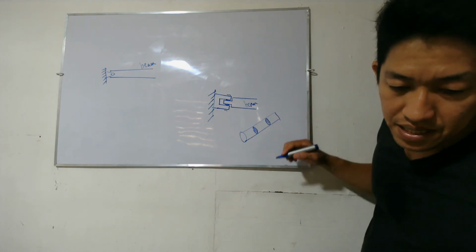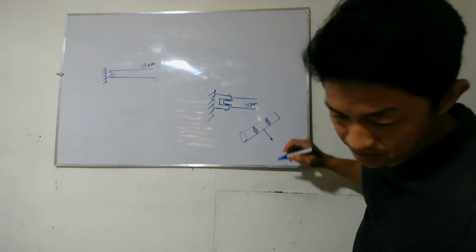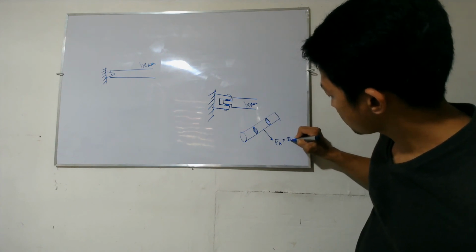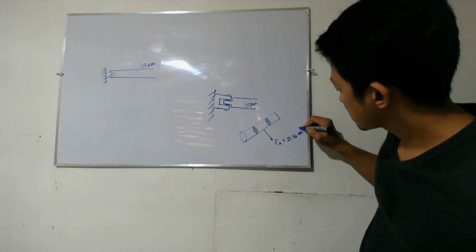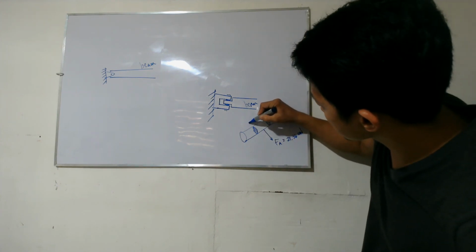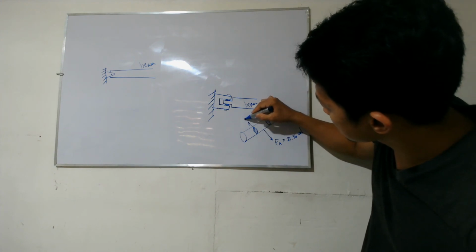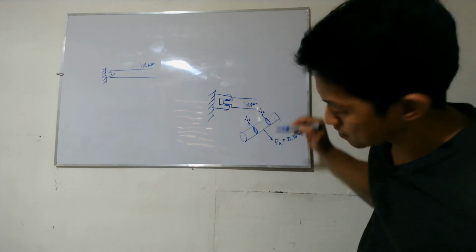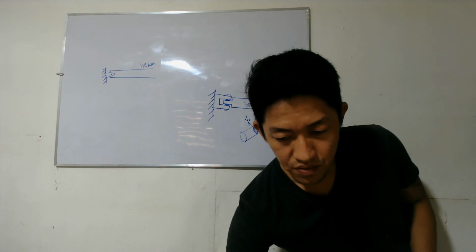Take note, the reaction on your pin, FA, is 21.36. Since there are two areas, what is the internal force?